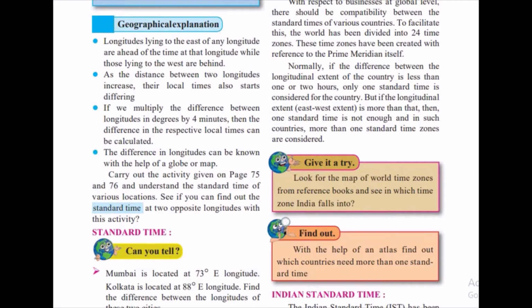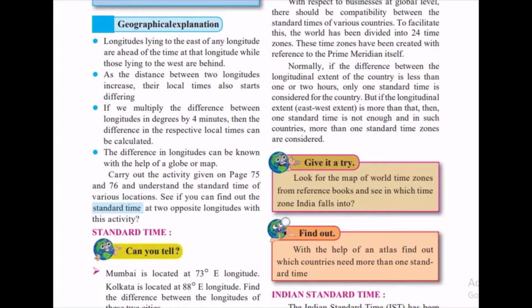Now my dear students, please remember: longitudes lying to the east of any longitude are ahead of the time of that longitude, while those lying to the west are behind. As the distance between two longitudes increases, their local time also starts differing.